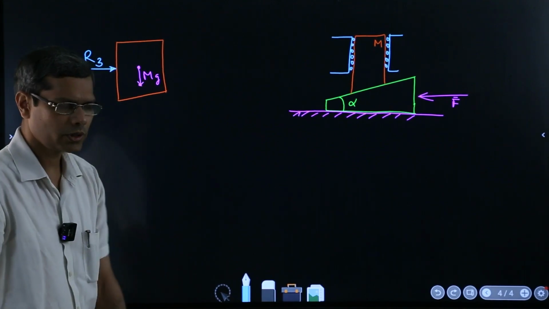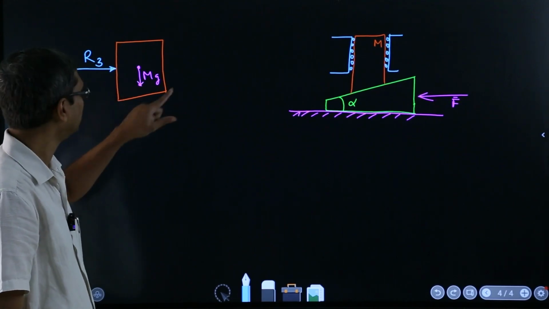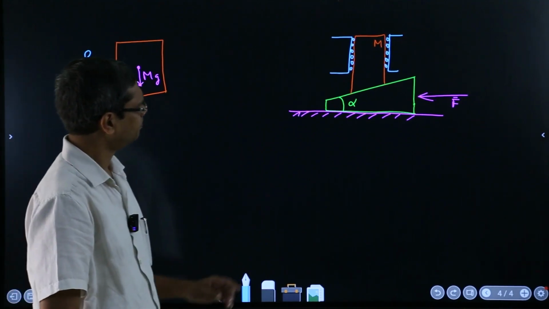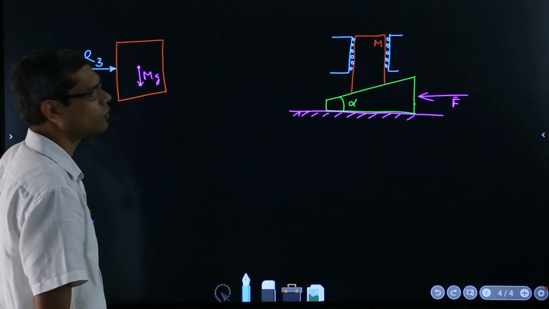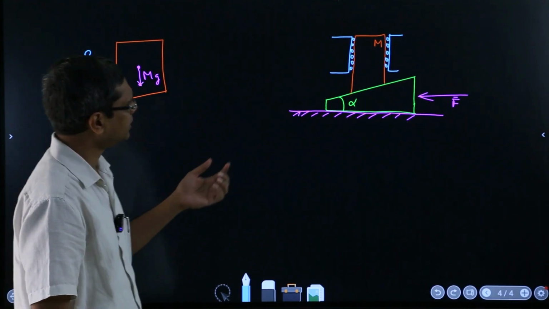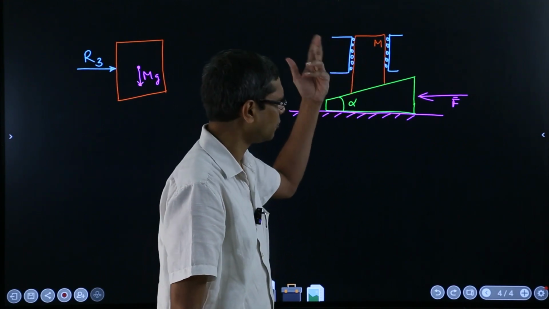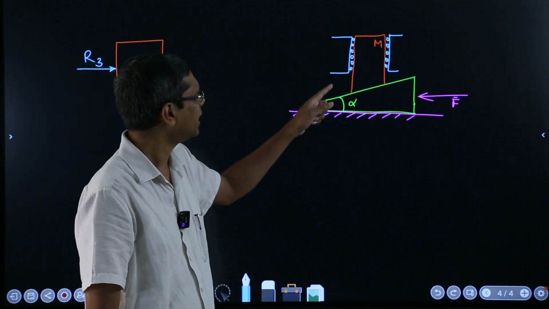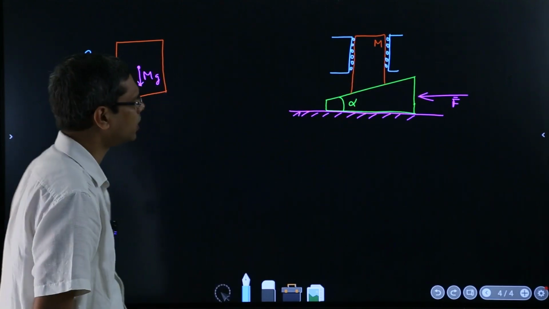Now the confusion which I was talking about is this: should I show the reaction only on this side, or on both sides? We will show this only on one side, not on both sides. The reason is that when we push this side, or the body is coming down because we have removed the force, the body will touch only one side of the wall.